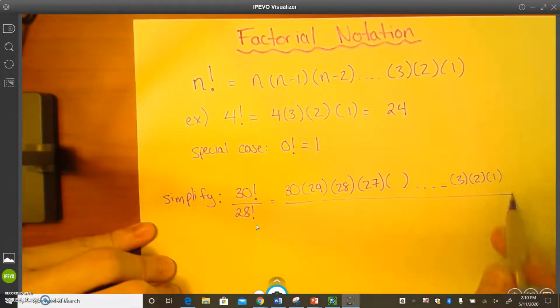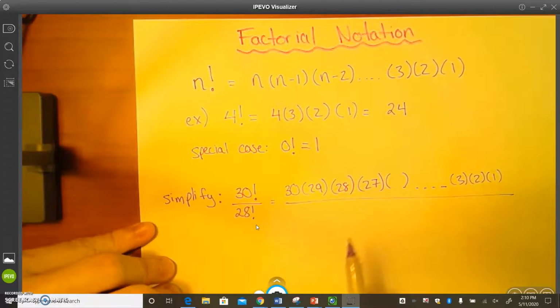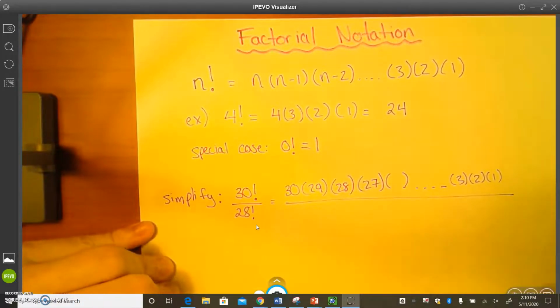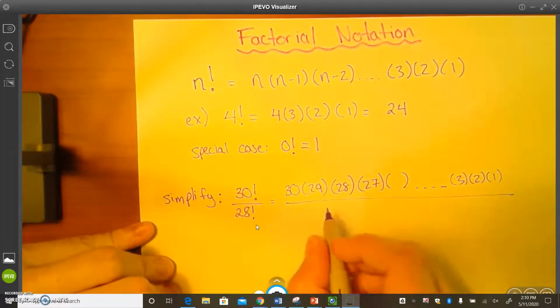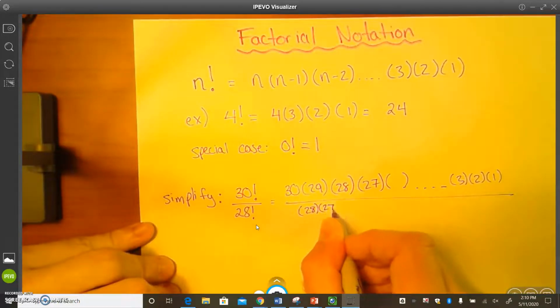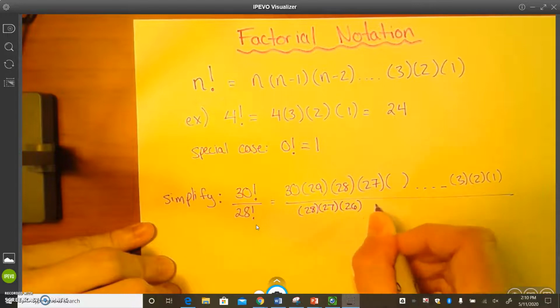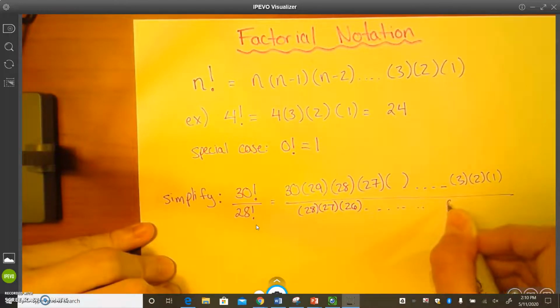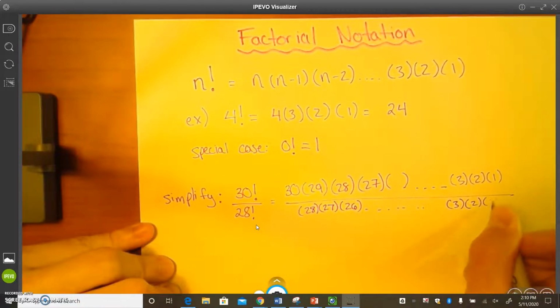That product, most calculators aren't going to give you an exact answer. They're going to give you scientific notation because this is a ridiculously large number. In fact, the denominator is also going to be a ridiculously large number. It's going to be 28 times 27 times 26 times and so on, times 3 times 2 times 1.